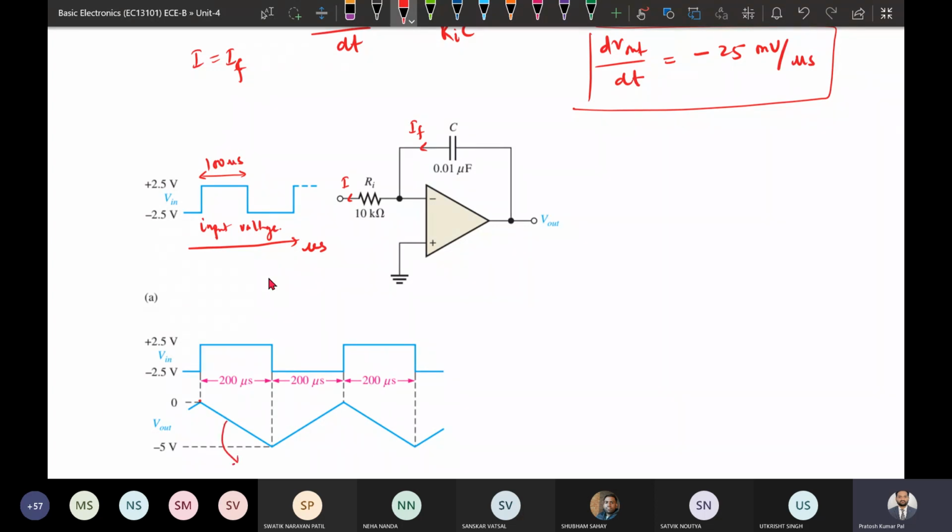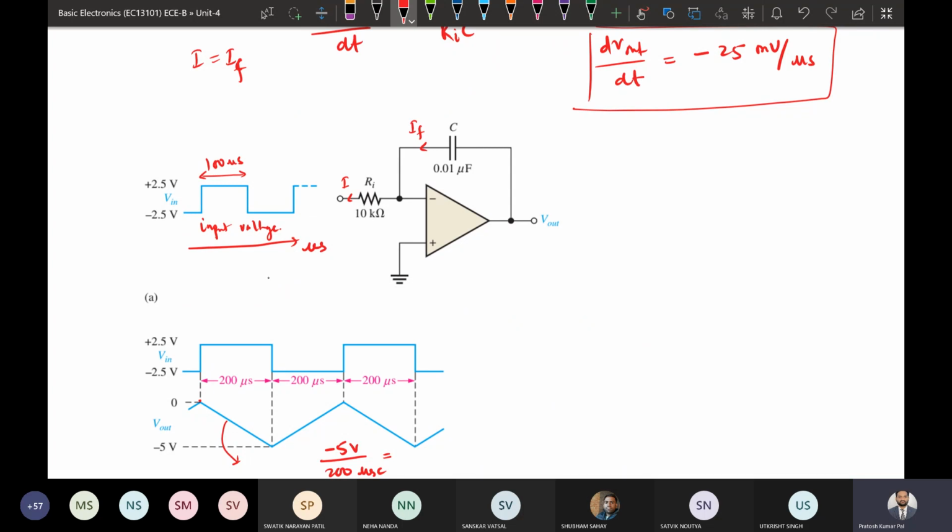The slope will be the change in voltage, so this minus this, it will be minus 5, and then divided by 200 microsecond. So the slope will be volt per second.